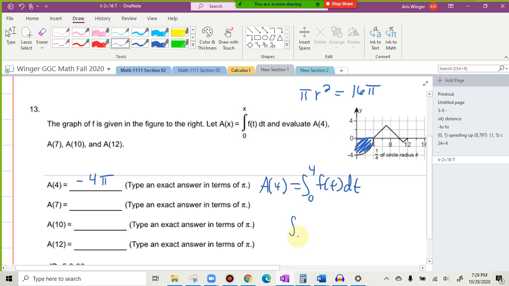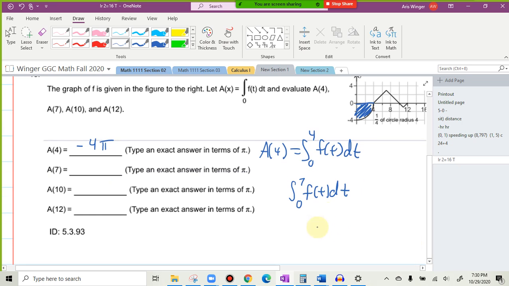The integral from 0 to 7 of f of t dt, well, I'm going to need the integral from 0 to 4, which I have, the integral from 0 to 4 of f of t dt, and now I need the integral from 4 to 7. Alright, so 4 to 7, 7 is like here, right?